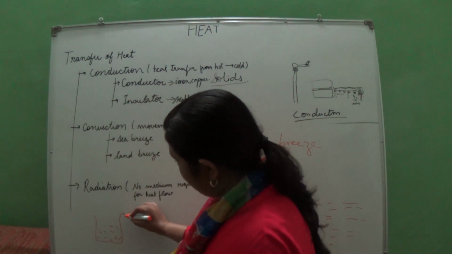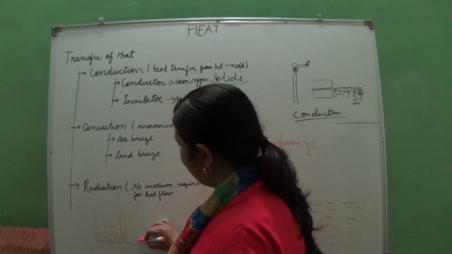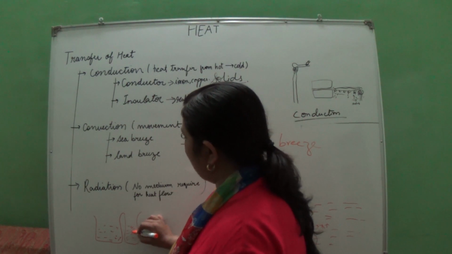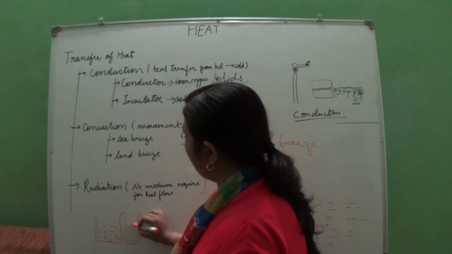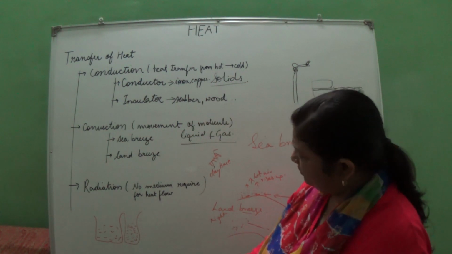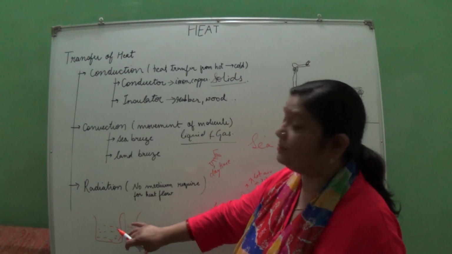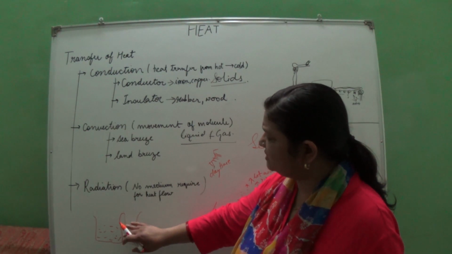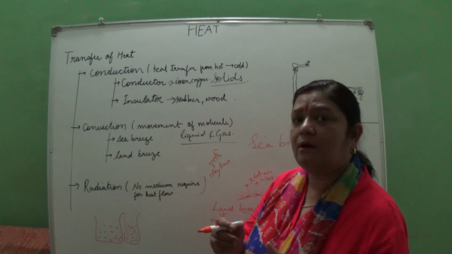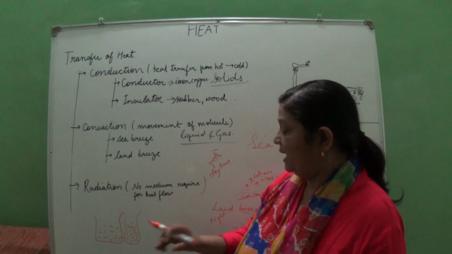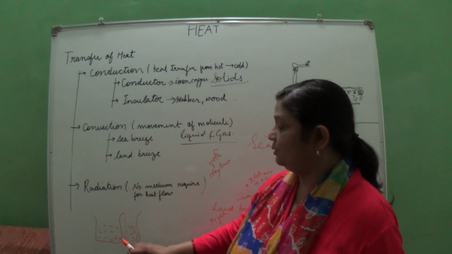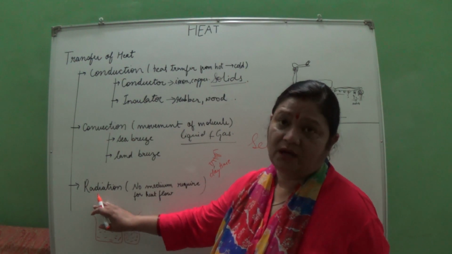If another utensil containing water, which is not at a high temperature, is kept near it, after some time we can't say it has become too hot, but we can see that this utensil has also become a bit warmer. Here the heat has been transferred from this to this by the process of radiation.